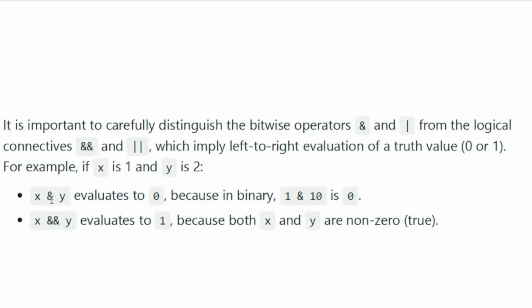If we have the single AND sign, that means we are using the AND operation between 0, 1 and 1, 0. 1, 0 is 2, 0, 1 is 1. That gives us 0, because that's a bitwise operation. However, if it's a double AND sign, it will be 1 because both x and y are true. As long as they're not 0, they're considered true in this case. So true and true gives you true, which is 1.